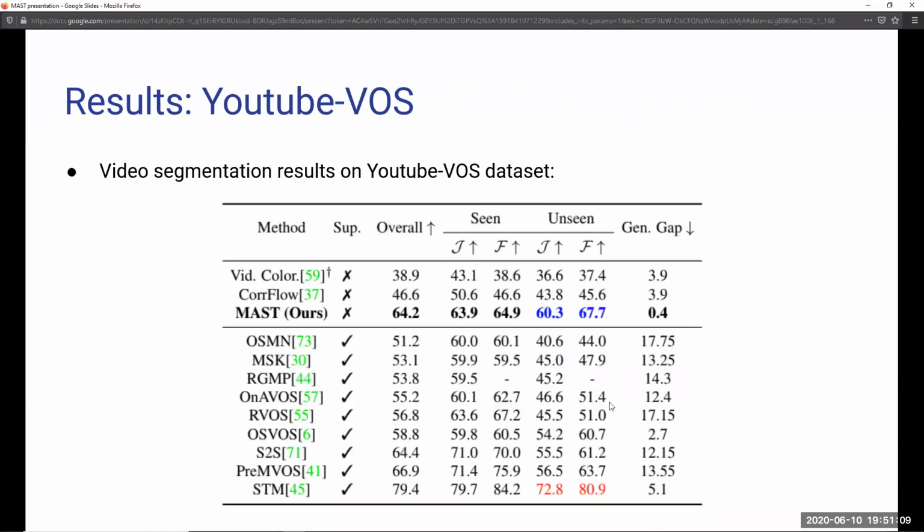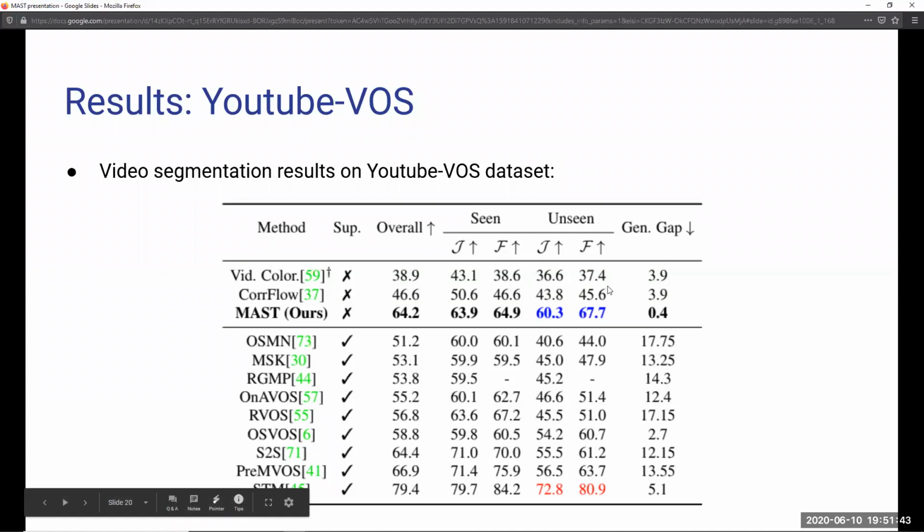This is the comparison results from self-supervised. The first three are self-supervised versus supervised methods. These methods have all been evaluated on video segmentation with the YouTube VOS dataset, which has been their benchmark. They got a very good result, receiving the second score compared to all of these, compared to the supervised.